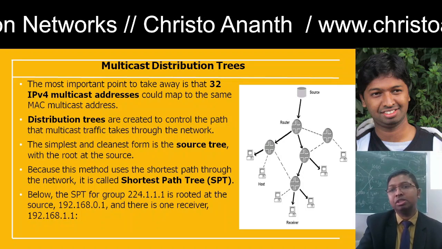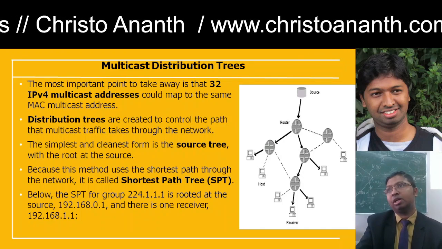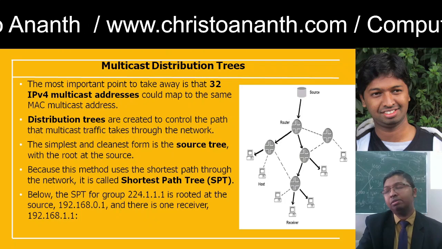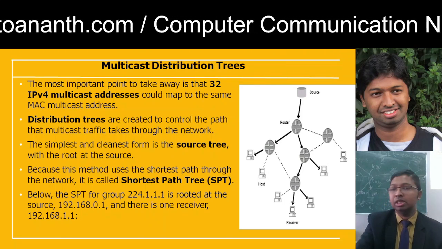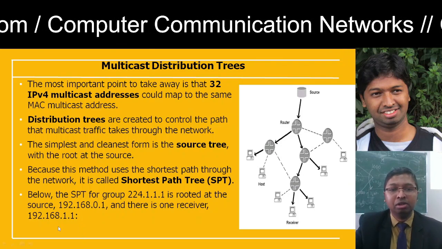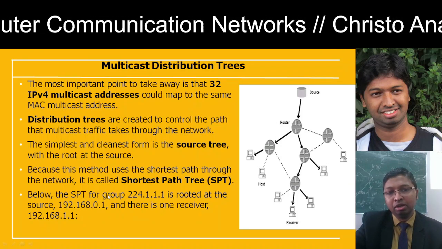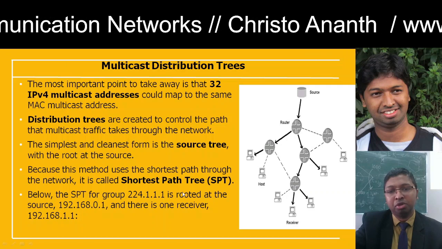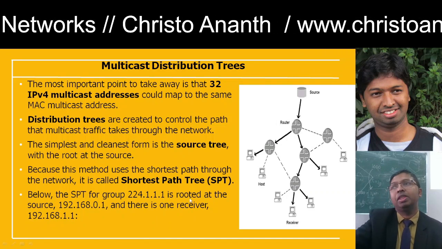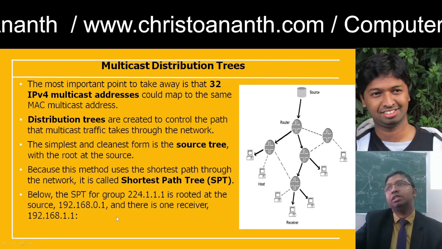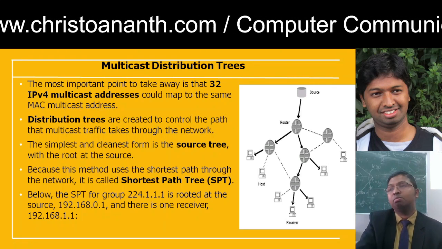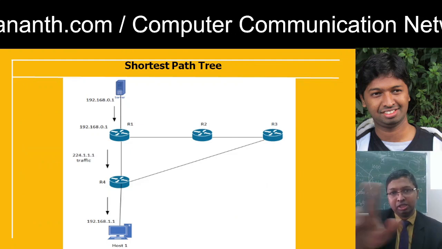Here we will be using the source tree, where you consider the root as the source, and we use the shortest path tree to find the optimal path to the destination. Here you'll have the shortest path tree for the group 224.1.1.1, routed from the source 192.168.0.1 to a receiver 192.168.1.1, so that you will be seeing here.